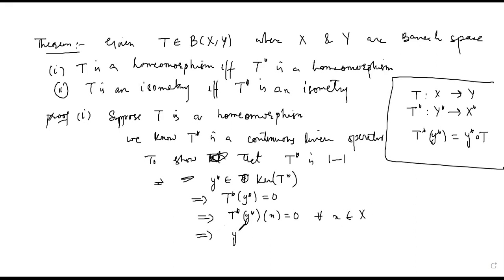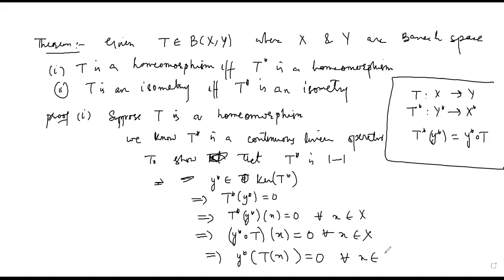which means that y star composition T, that's the definition of the conjugate, which implies that y star of T of x is equal to 0, which implies that y star at y is equal to 0 for all y belonging to Y, because T is a bijection.